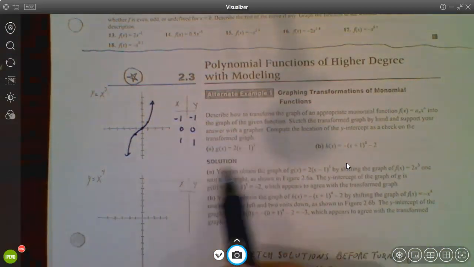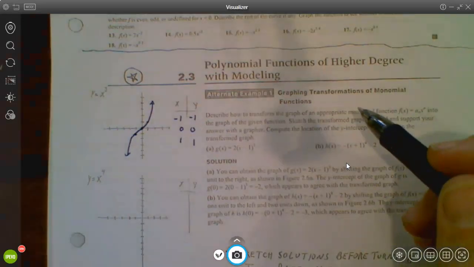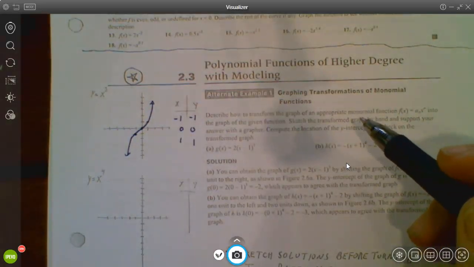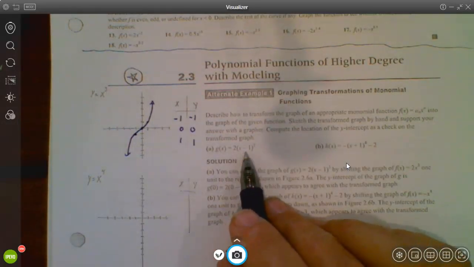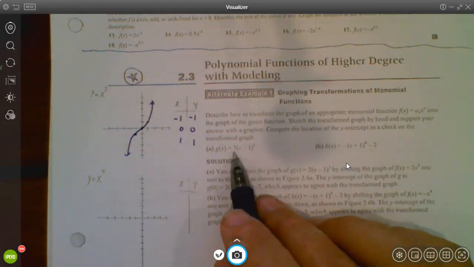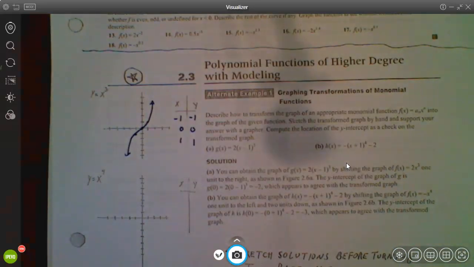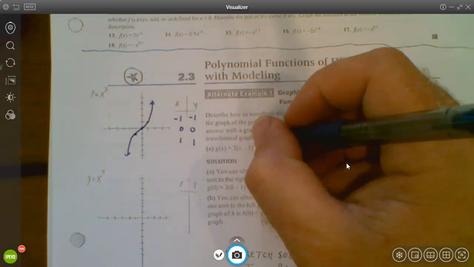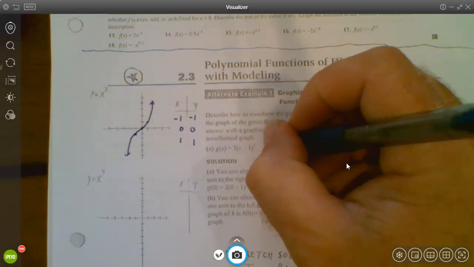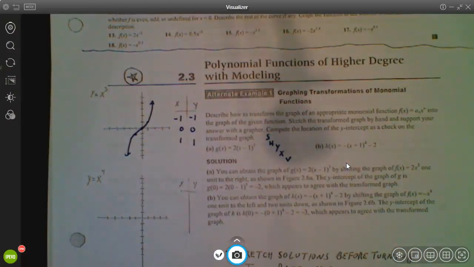And we're going to do a little transformation here. So don't look at the next page yet. I want to do this with you before we look at what the outcome is supposed to be. So for this, we know this is going to go to the right one. We know this is our vertical stretch of 2. So remember, as far as order of operations, we talked about that in an earlier video. And so we always want to make sure we're sticking with that.